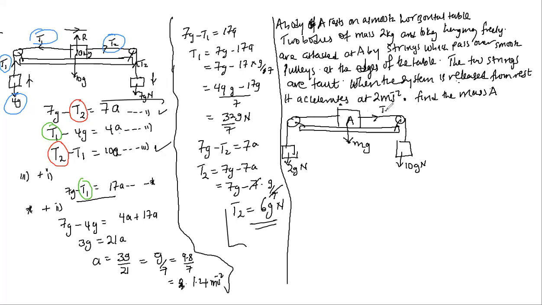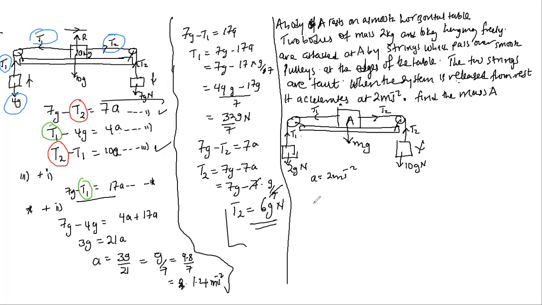So we have tension T2 here, and tension T1. When the system is released, they move with an acceleration A, which is equal to 2 meters per second squared. A moves to the left and the 10 moves down on the right, because 10 is heavier than 2 when the system is free.